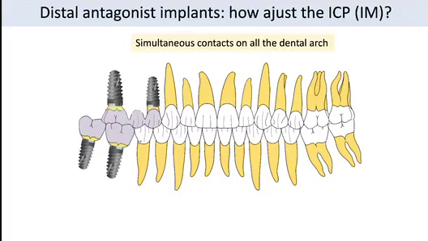So in this case, simultaneous contact on the dental arch. That means in the graph of Rilo, there are some different lines of indication of simultaneous contact.